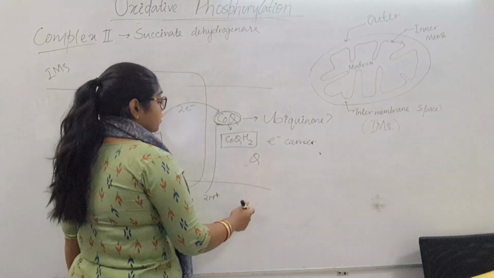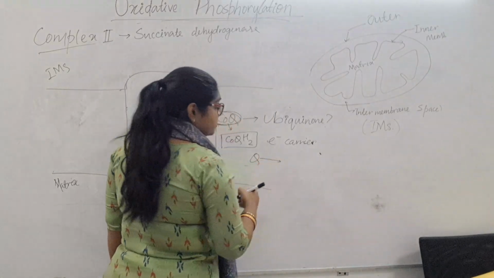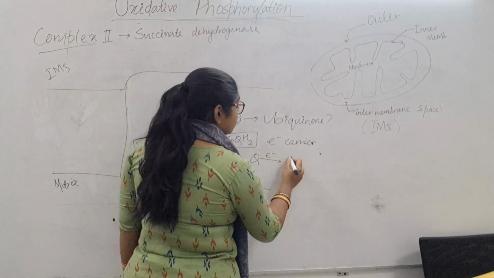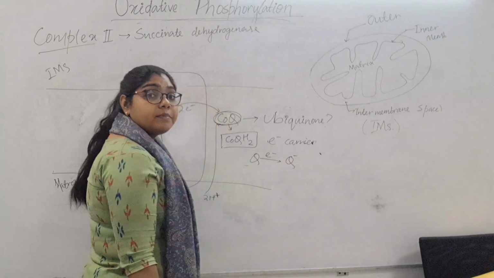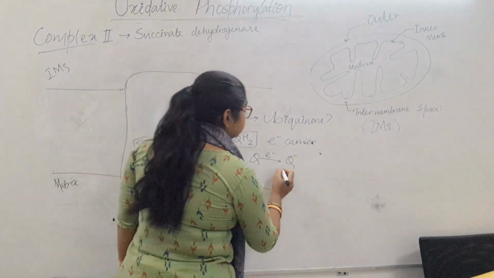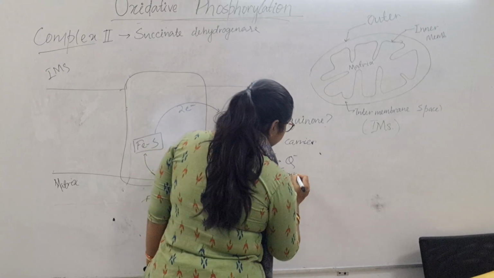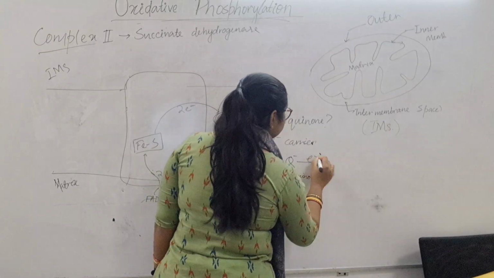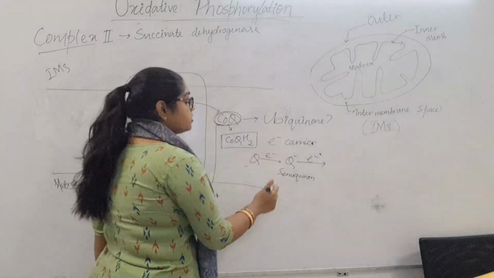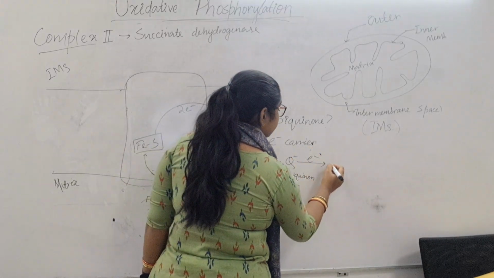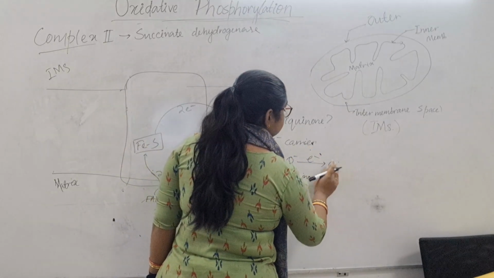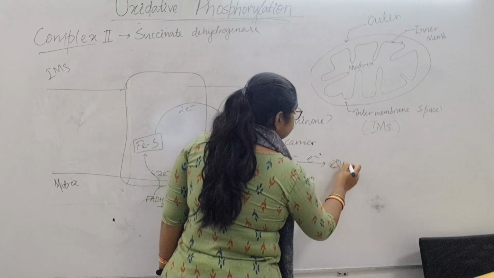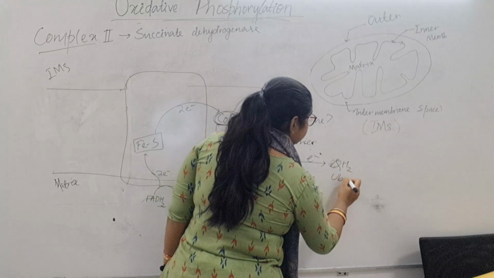When ubiquinone accepts 1 electron, it becomes semiquinone. But when it accepts 2 electrons, it becomes QH2, that is ubiquinol.